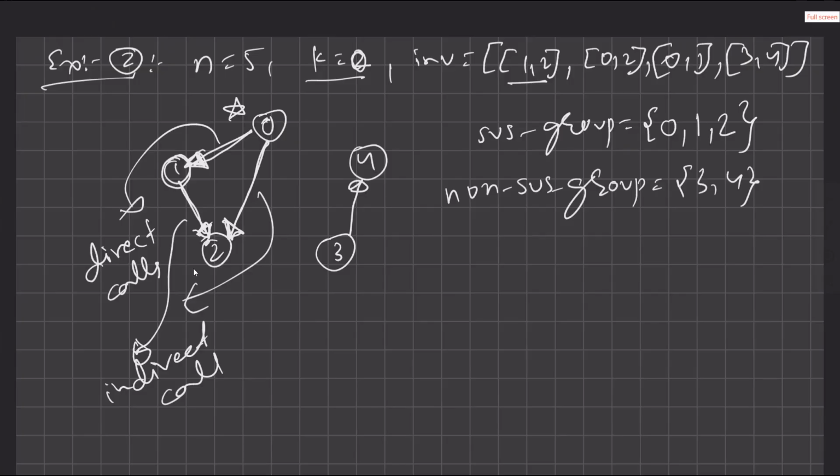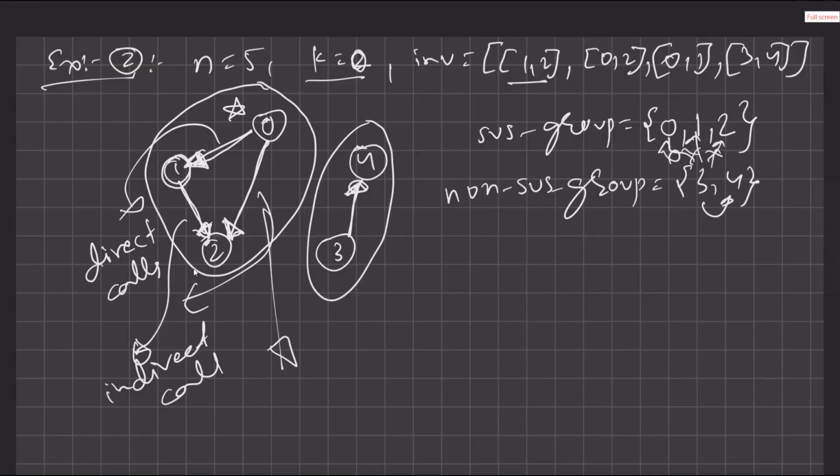Now we need to check what 3 is calling. 3 is just calling 4. Is it calling either 0, 1 or 2? No, it is not. You can also check 4: 4 is calling nothing. So as you can see, this group is separate from that group.